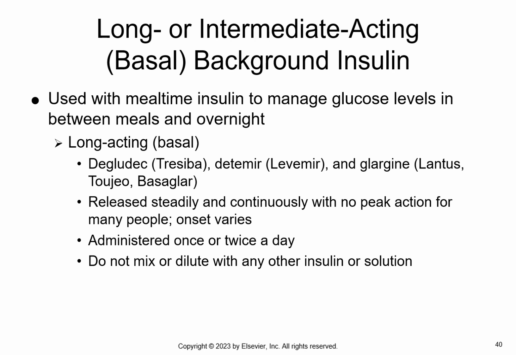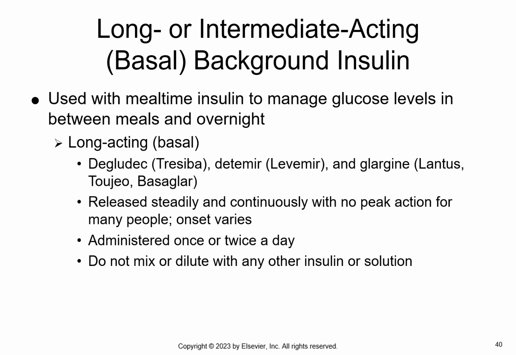If OAs and long-acting insulins are not adequate to achieve glycemic goals, people with type 2 diabetes mellitus may need to add mealtime insulin. Intermediate acting insulins like NPH can be used as basal insulin.